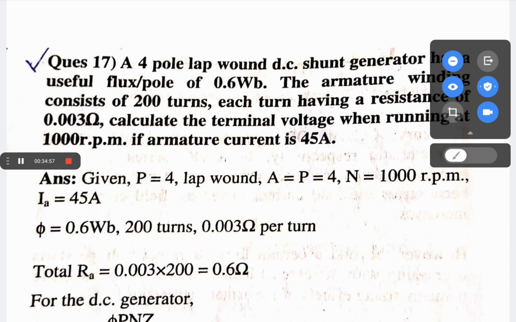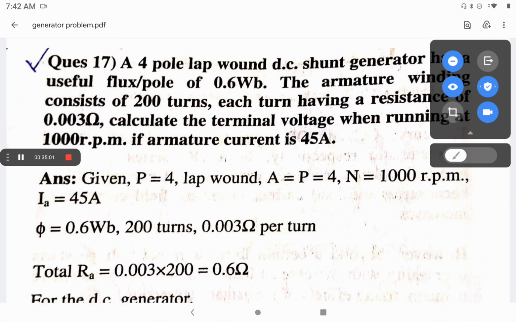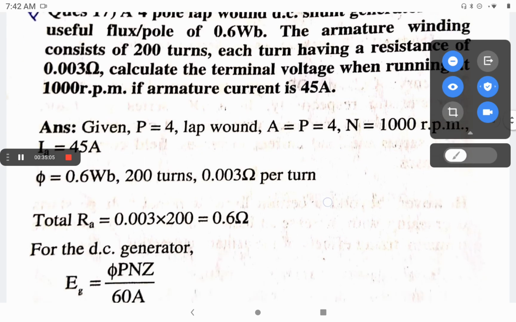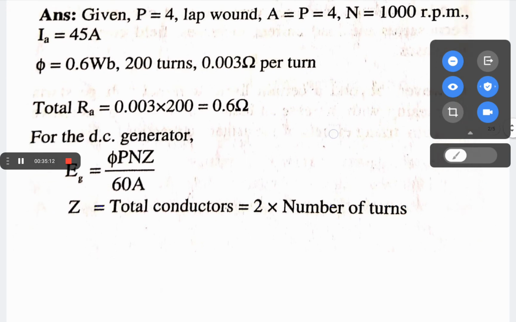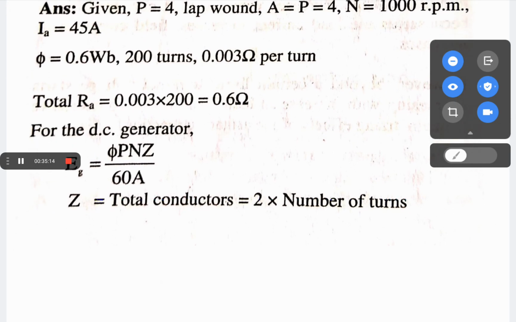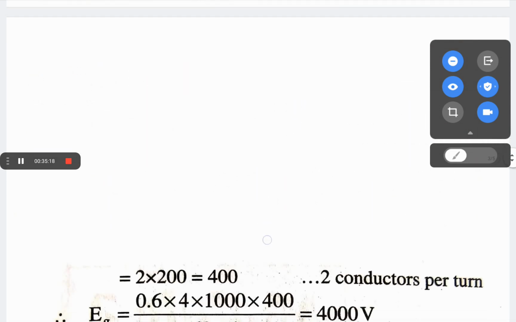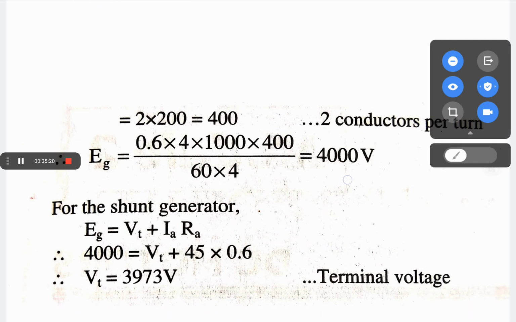So armature winding resistance is given. Calculate terminal voltage V when running at speed is given, and if armature current Ia is given. So flux തന്നിട്ടുണ്ട്, speed തന്നിട്ടുണ്ട്. So you can find out Eg by ΦPNZ by 60A. By substituting all the values in this equation, you can find out Eg.